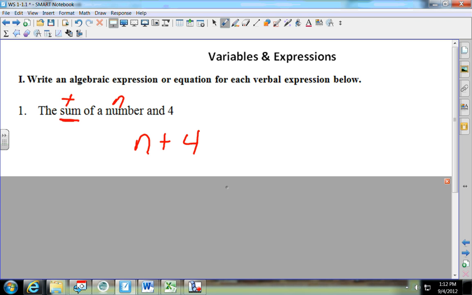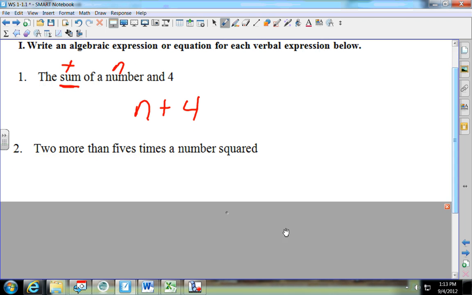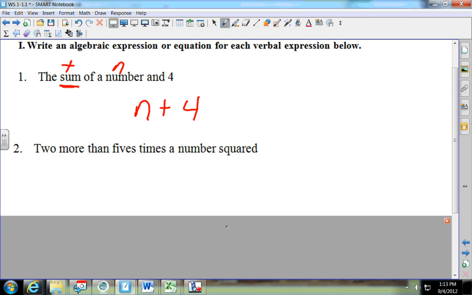Let's look at the next one. What if I wanted to write an expression from this? It says 2 more than, what does more than tell me? Plus 5 times a number. Okay, now look, this is important. Do not use that for times. What is that? An x. And it could be mistaken for a variable, right? So when it says a number, well, okay, you could put a star if you wanted to. You could put parentheses or a dot. Okay? A number squared.